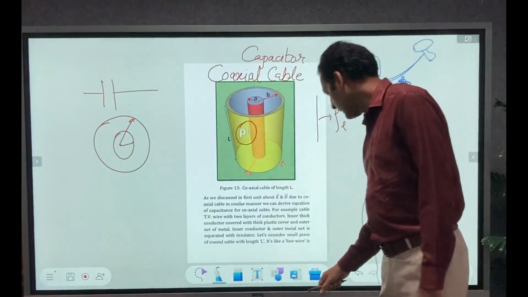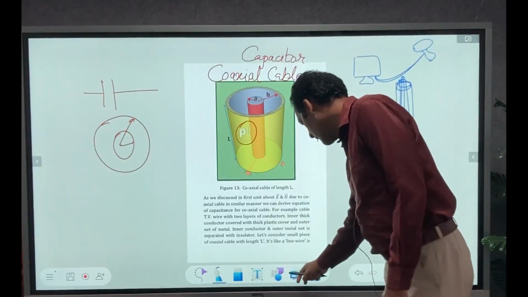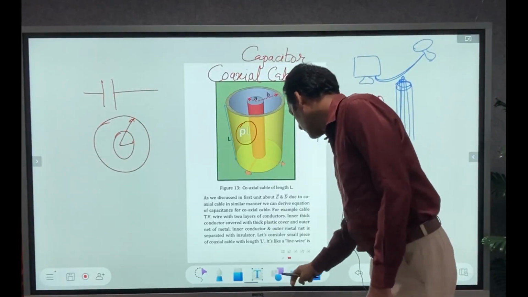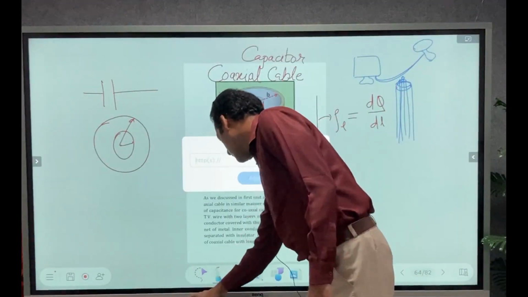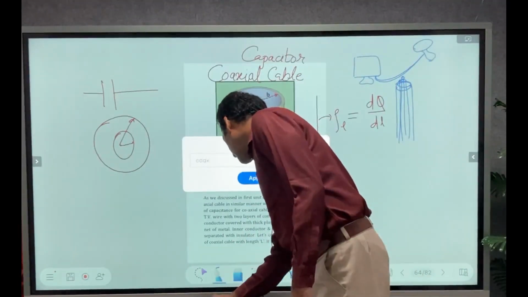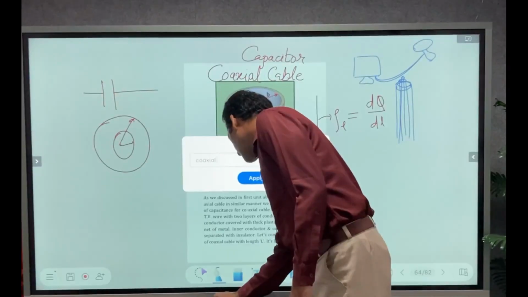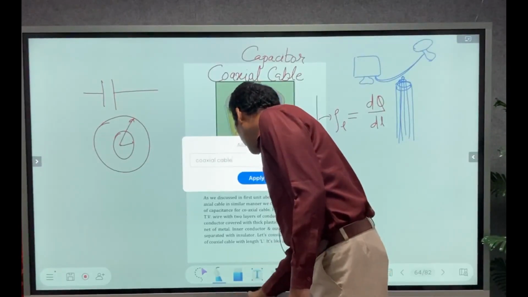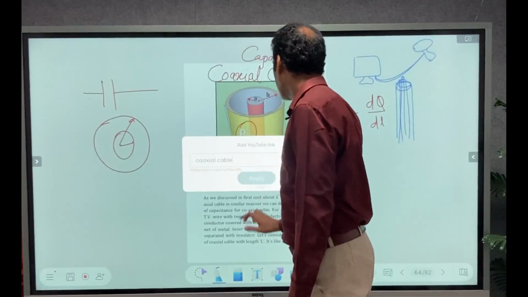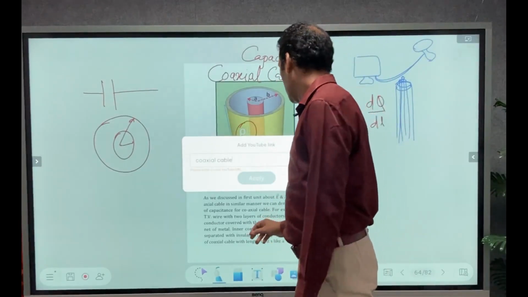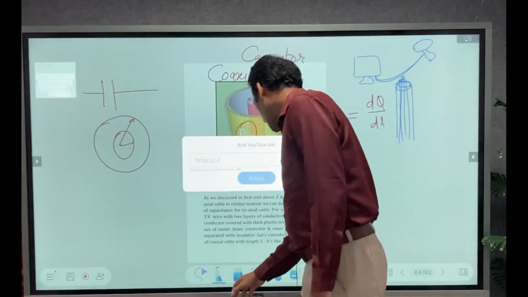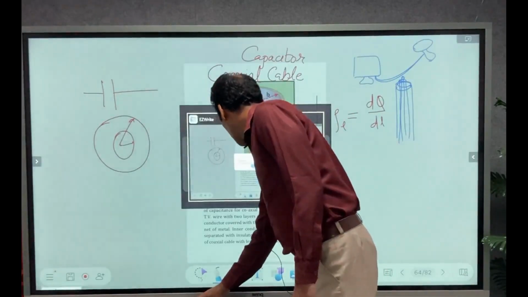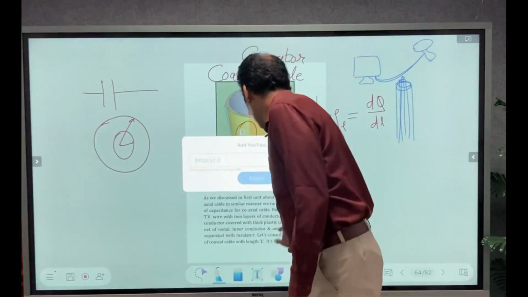Let us see that in some image. We can have some image here. We will see the coaxial cable. Once we see the things, we can easily imagine them. So directly let us try to get some images.